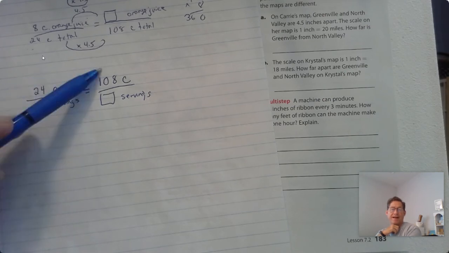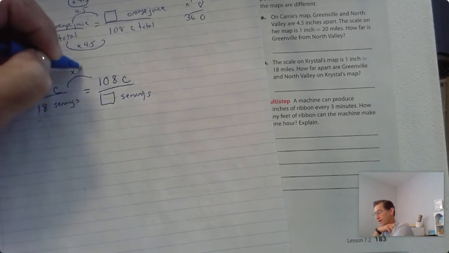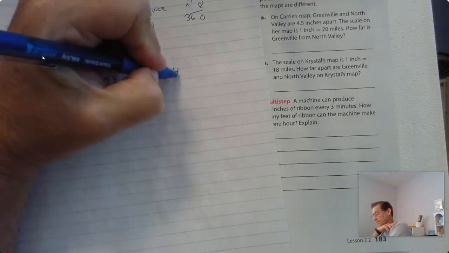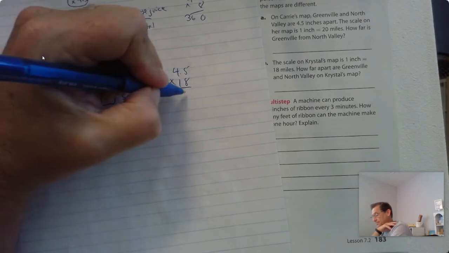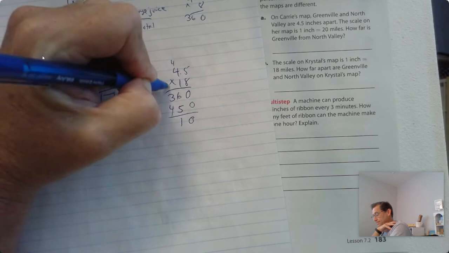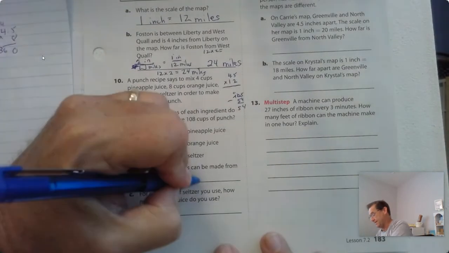So if we have 108 cups, again, we know we're going to multiply by 4.5 to go from 24 to 108. So 4.5 times 18. So we'd be able to have 81 servings.